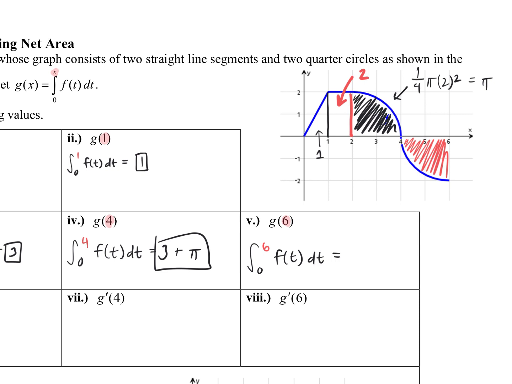Negative pi. So I'm taking the stuff I already had up through 4, and I'm adding a negative pi. So what's my area going to be under that curve? 3. Okay, so the area that we've in total accumulated from 0 to 6 is positive 3. We added all the stuff up top, subtracted the stuff on bottom, and gave us an area of 3 all the way from the left to the right.